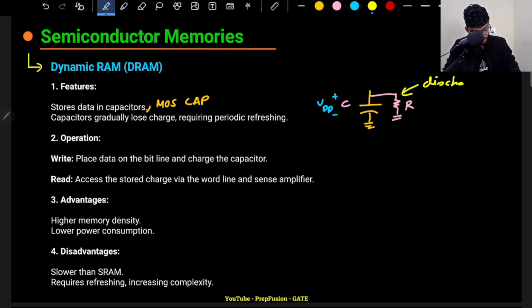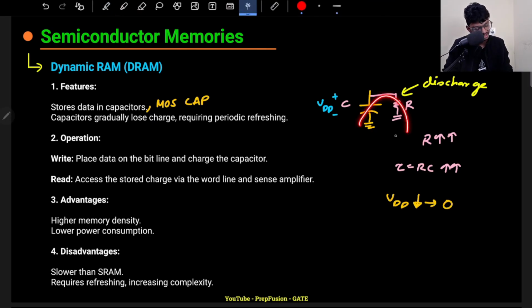Now, generally, this resistance is very high, so my time constant RC is very high. So it will take a very long time to fully discharge, but still it will discharge. From VDD it goes down, it tries to go down to 0.